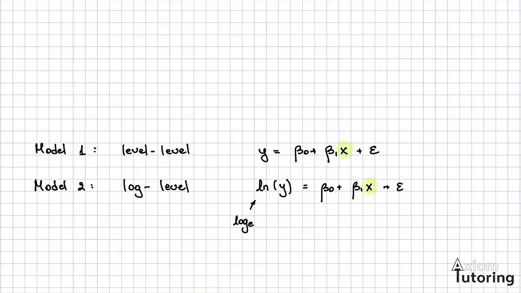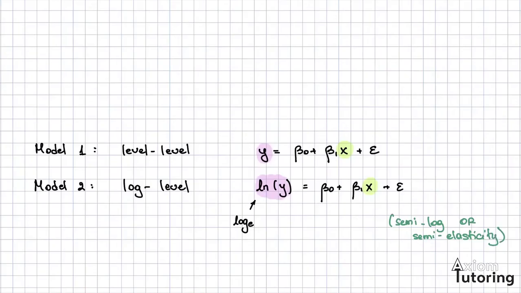The only changes we applied are to the y. Okay, so keep in mind, only the y is in logs. This is also called a semi-log model, or in some books, you might see it as a semi-elasticity model.